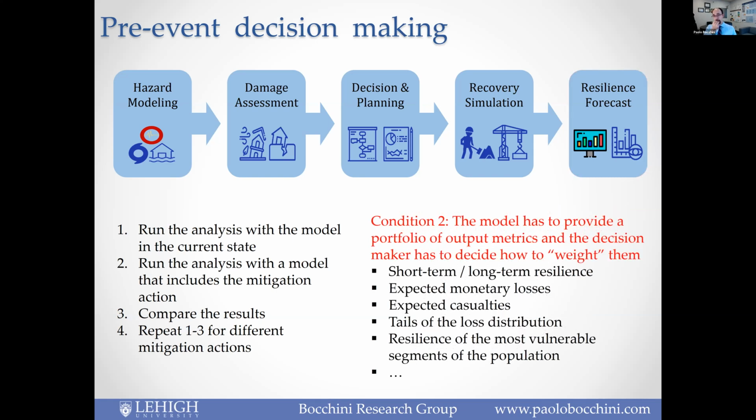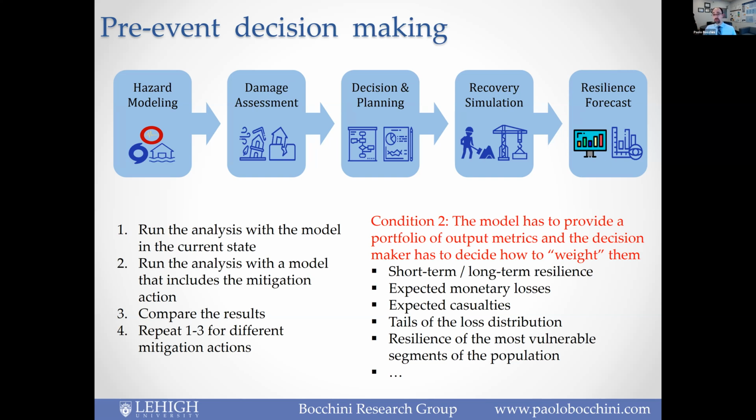The second condition is that the model has to provide a portfolio of output metrics, and the decision maker has to decide how to weight them. It's not just a number. You can consider short-term or long-term resilience. You can consider monetary losses or casualties. You can focus on the expected values or on the tails of the distributions.